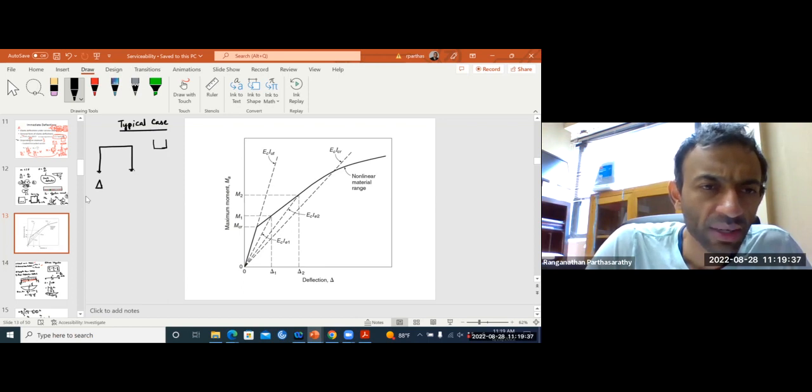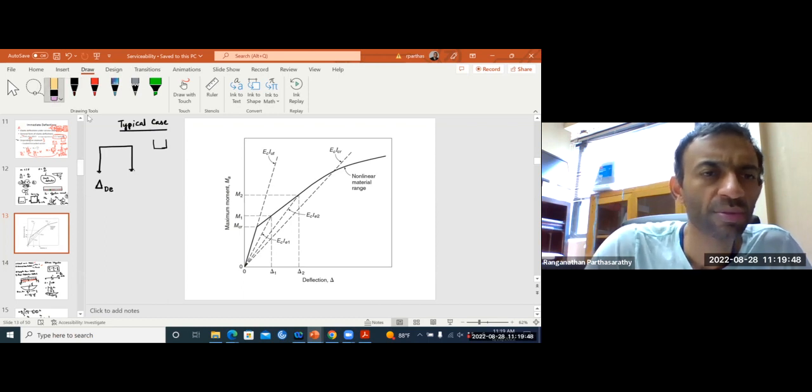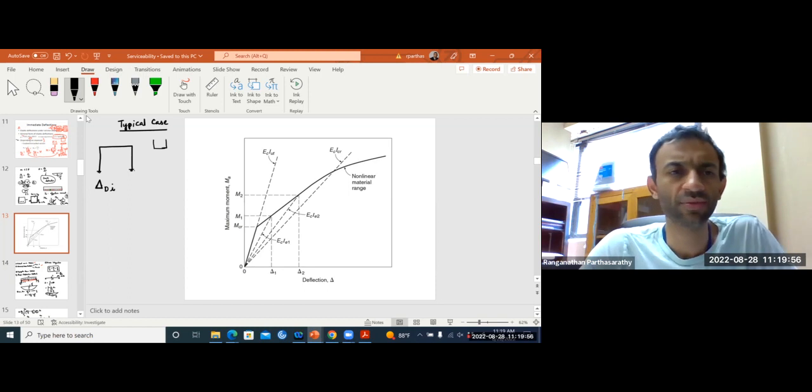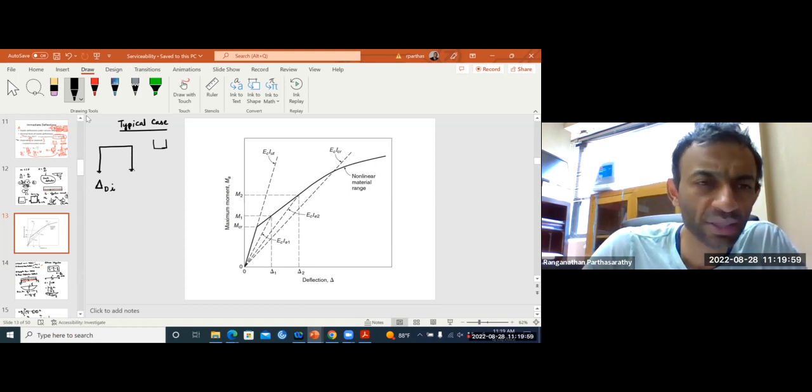So let's put delta D, or let's put delta DI. So we will use this notation. When we put delta, delta means deflection.